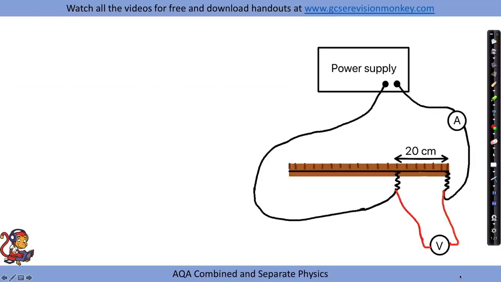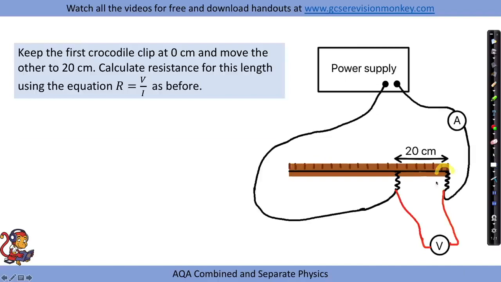To change the length of wire we are measuring, we'll keep the first crocodile clip at 0 and move the other one to 20 centimetres. And then we will repeat as before, taking the readings for current and potential difference and using the equation R equals V divided by I.